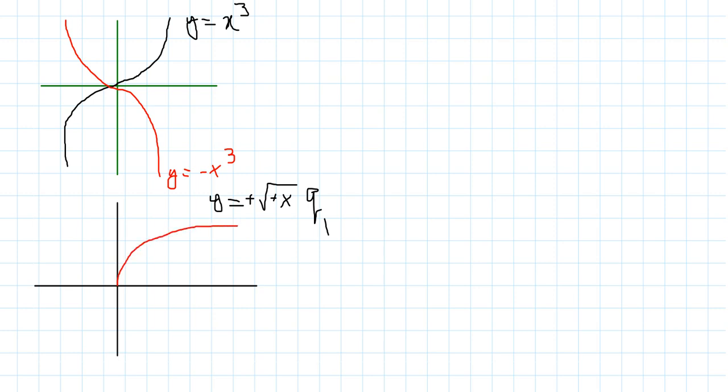It is the shape of y equal positive negative radical x. Now let's draw y equal negative radical x. So here is positive.